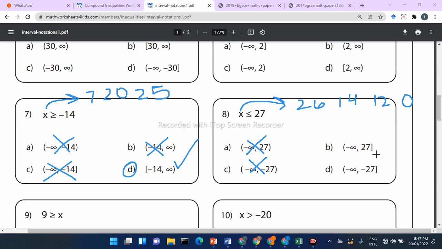No, this is negative 27, so yes, this is wrong. We're dealing with negative 27. That's not right. So B is correct, because here this is saying start at negative infinity and get increasingly big and stop at 27. Or you could think of it as saying start at 27 and get smaller and smaller. So B is definitely the correct answer in this case.